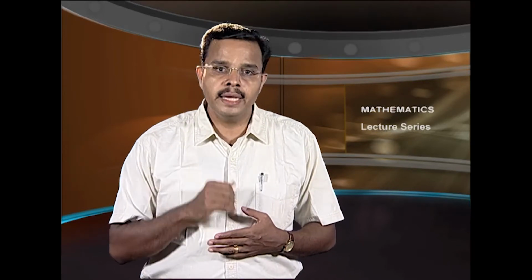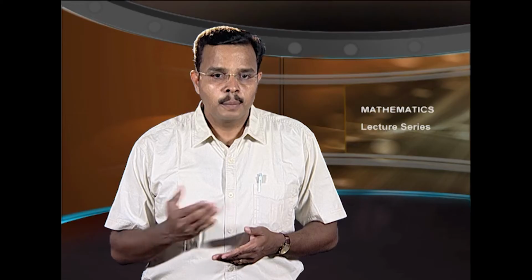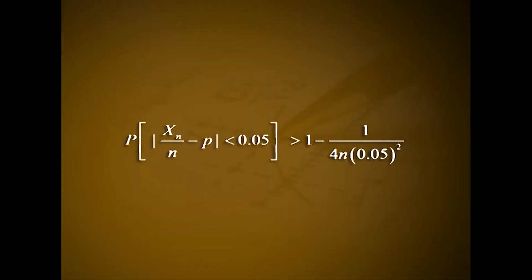If there is no idea about the actual proportion, then by Bernoulli's law of large numbers we have probability of modulus of Xn by n minus p less than epsilon greater than 1 minus 1 divided by 4 n epsilon square. Put epsilon equal to 0.05, then probability of modulus of Xn by n minus p less than 0.05 is greater than 1 minus 1 divided by 4 into n into 0.05 square.